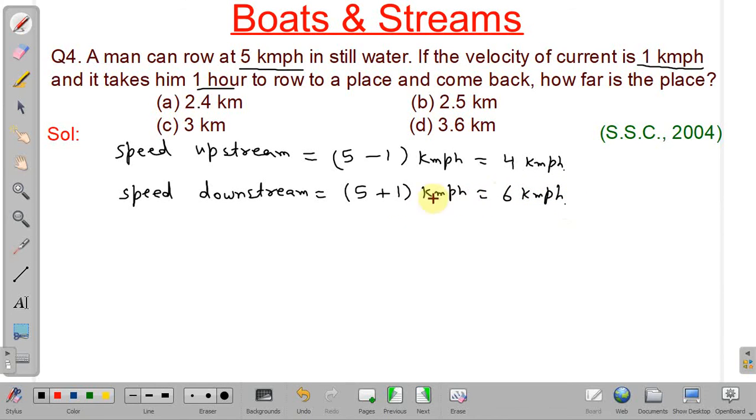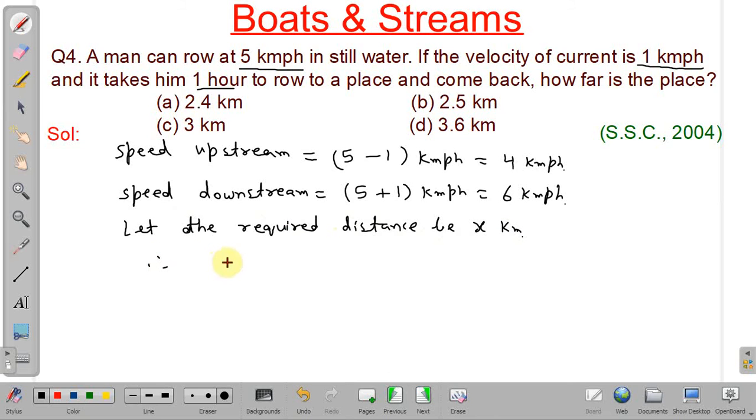Okay. Now we know speed upstream and downstream. Total distance we need to find. So we will assume the distance traveled. Let the required distance be x kilometer.